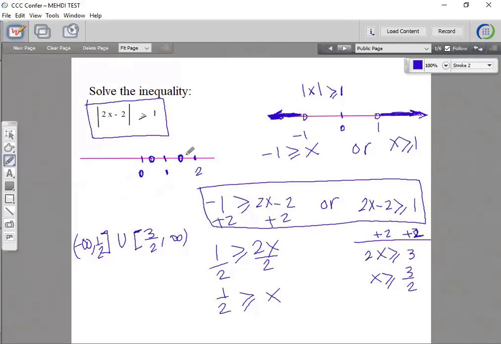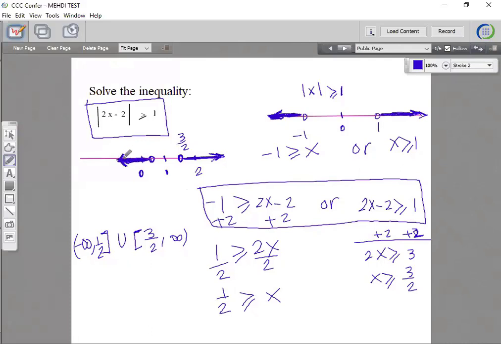So all the numbers greater than 3/2, this is 3/2, would be to the right of 3/2, which is right here. All the numbers less than 1/2, this would be 1/2, would be here. So now it should make sense.